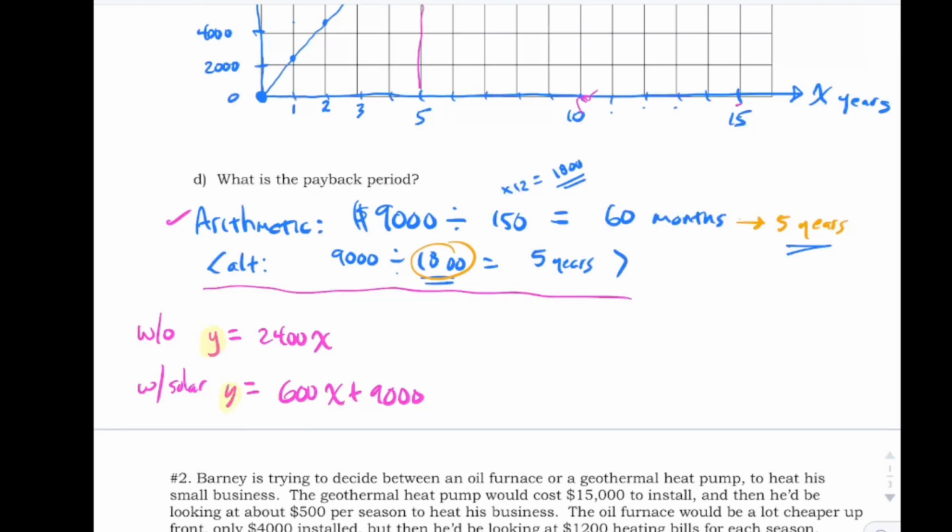spend Y with. And so what you can do is ask, at what value of x are these costs the same?